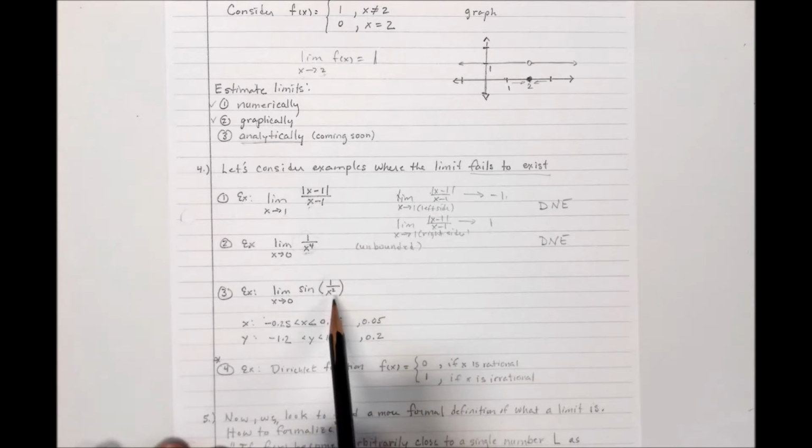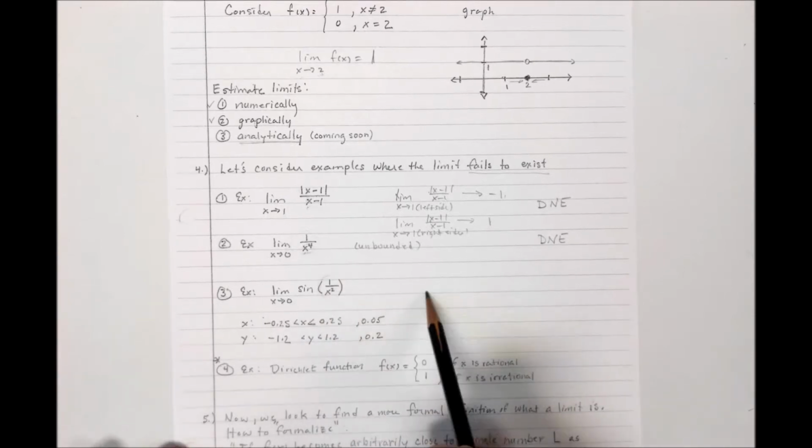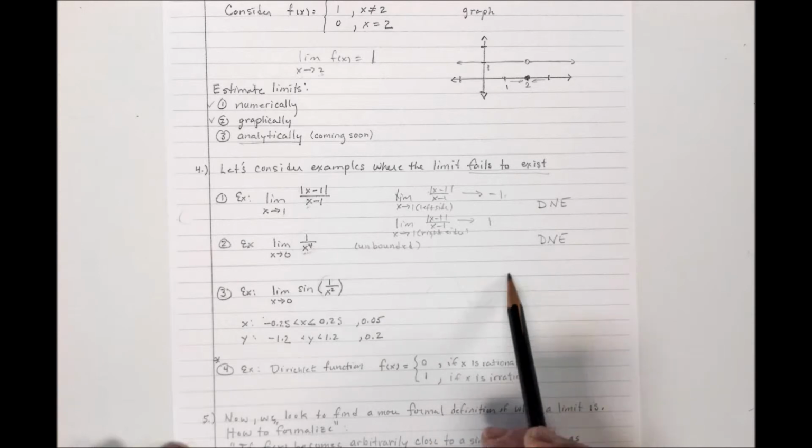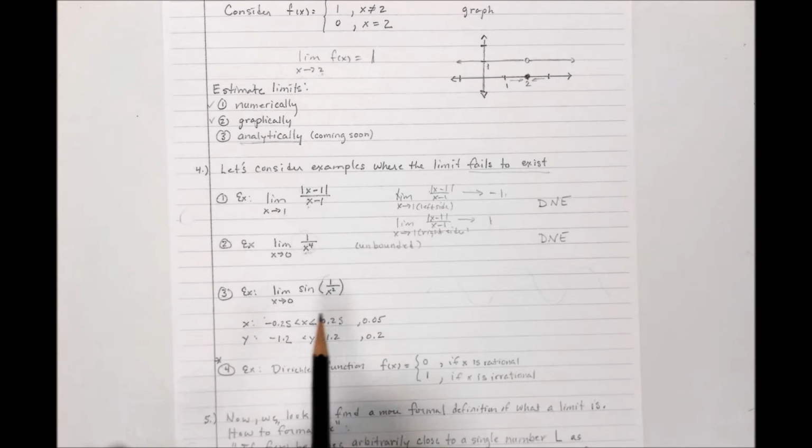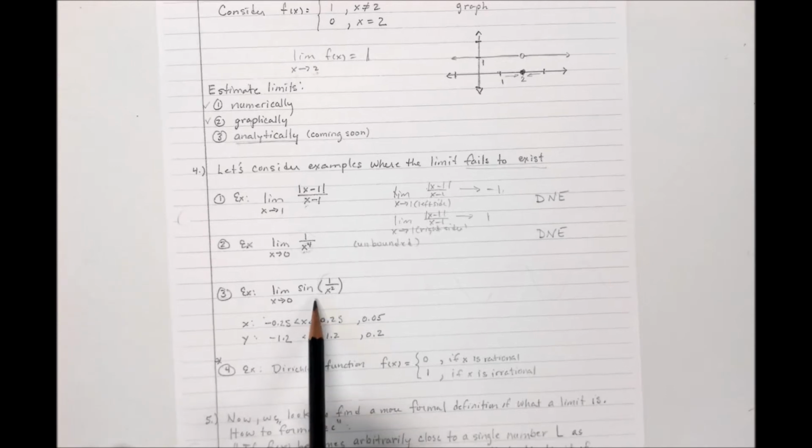Well, that's kind of what's happening here. I have 1 over x going to 0. This number is getting bigger and bigger and bigger. Well, remember the sine is a periodic curve. It's bouncing back and forth between negative 1 and 1. So since this is getting bigger without bound, my values are just bouncing back and forth between 1 and negative 1. So I don't have a unique limit.